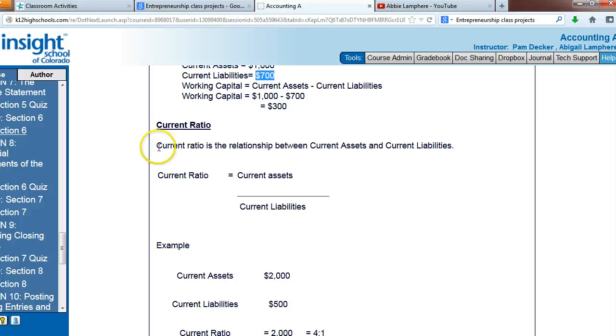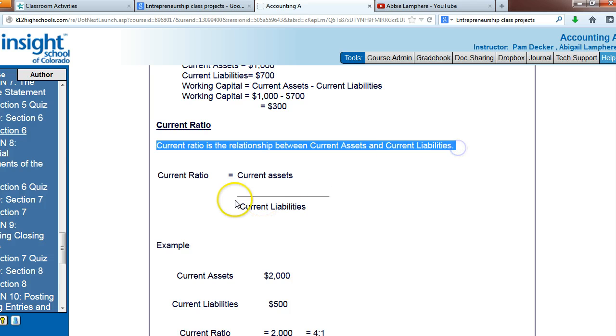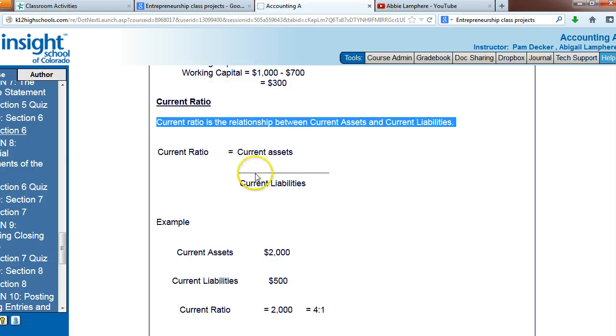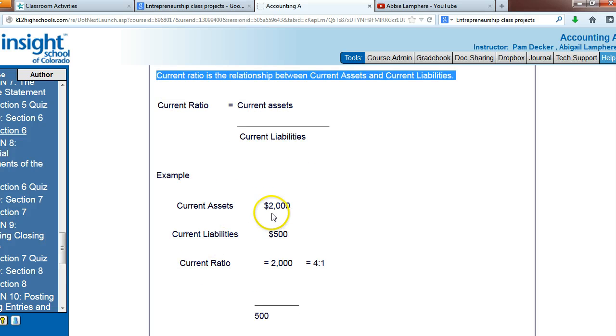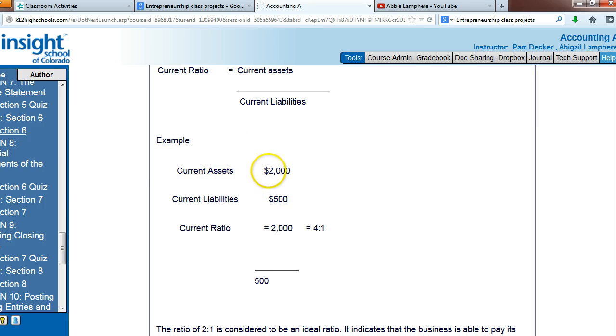Current ratio, and I know these are a lot of different equations I'm throwing at you. I will get you a reference guide together to help with organizing all of this. The current ratio is the relationship between current assets and current liabilities. So we look at assets over liabilities. That gives us our current ratio. Our assets in this situation are $2,000 worth.